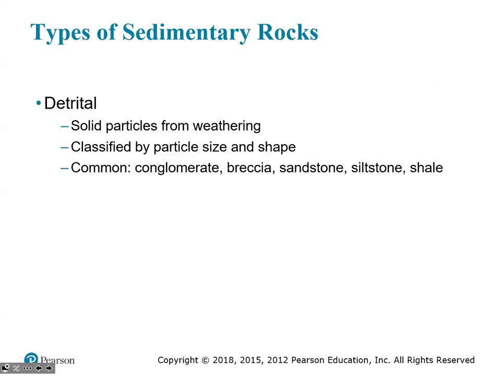If they have large, gravel-sized particles, and the particles are round, the rock is called a conglomerate, or if they're angular, it's called breccia. If they're sand-sized particles, it's called sandstone. If they're mud, clay, or silt-sized particles, that's shale.